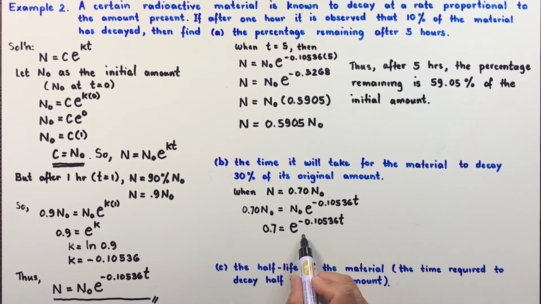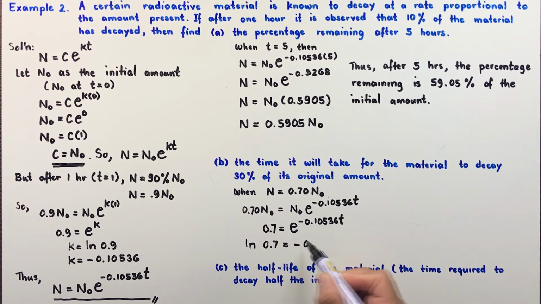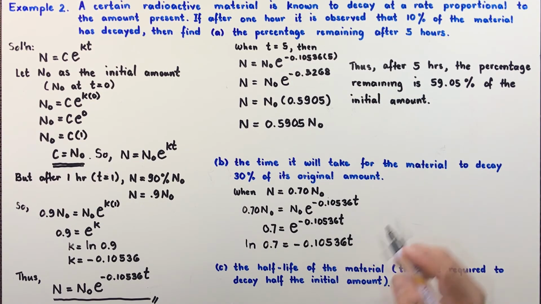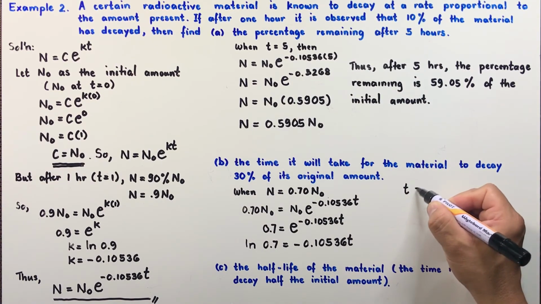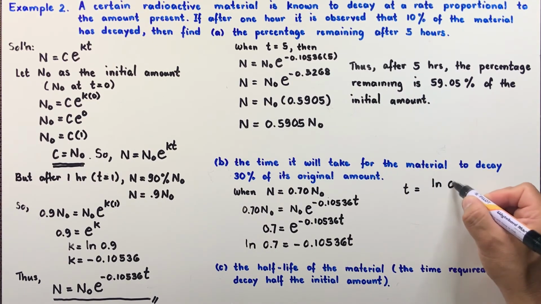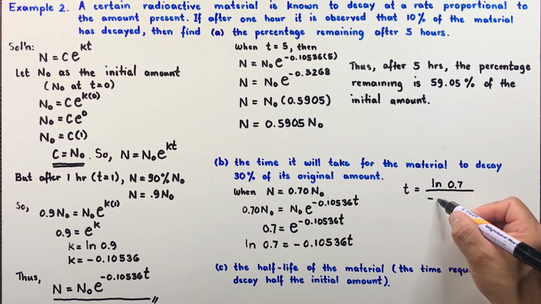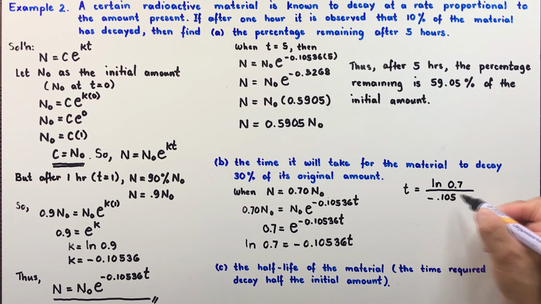Rewriting this in its equivalent logarithmic form, the natural log of 0.7 is equal to negative 0.10536t. So dividing both sides by negative 0.10536, we have t equal to the natural log of 0.7 divided by negative 0.10536.